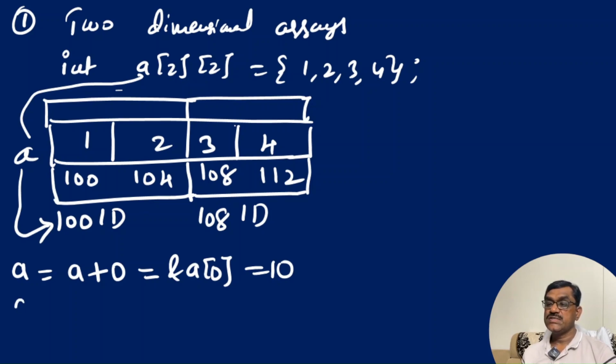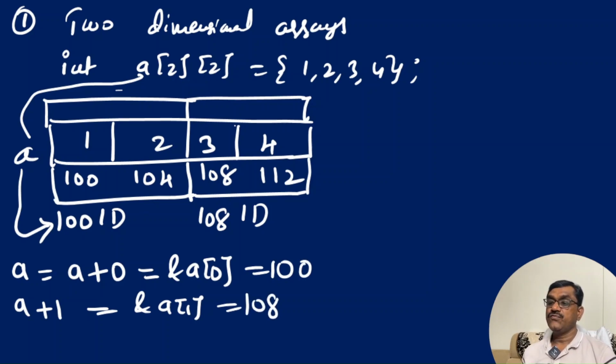Next, if I say a plus 1, the meaning is &a[1], that is 108. a[1] indicates the second one-dimensional array whose values are 108 and 112. The base address of the first array a[0] is 100, and the base address of the second one-dimensional array a[1] is 108.